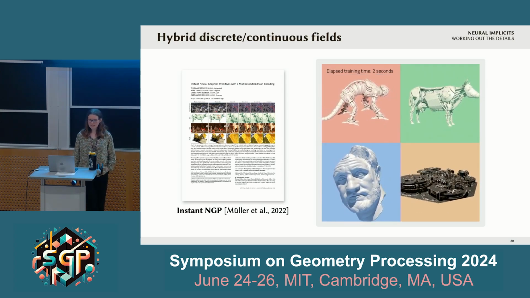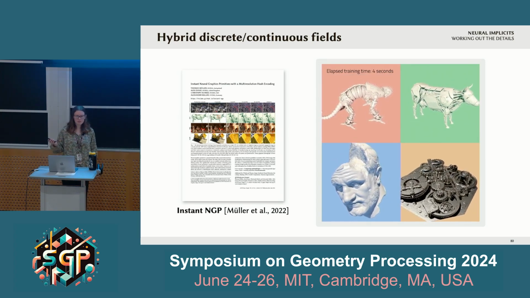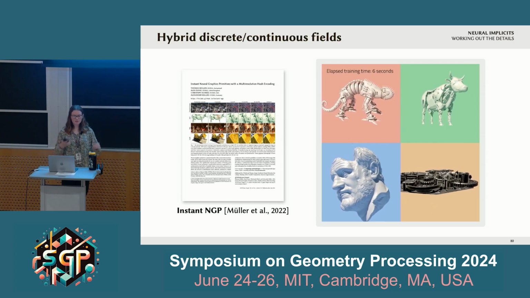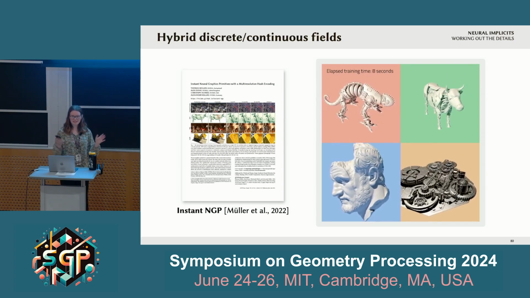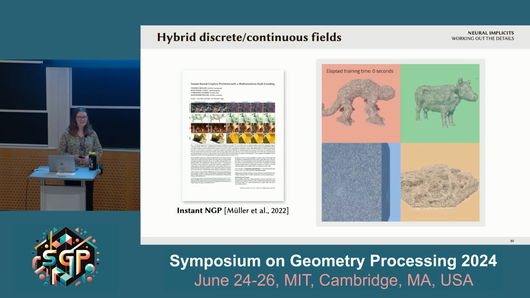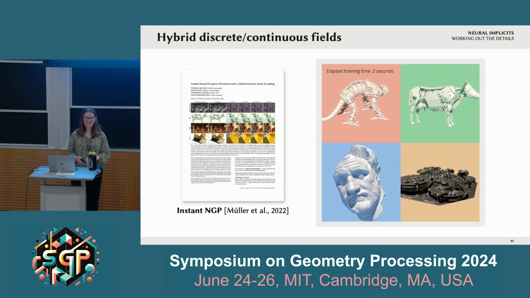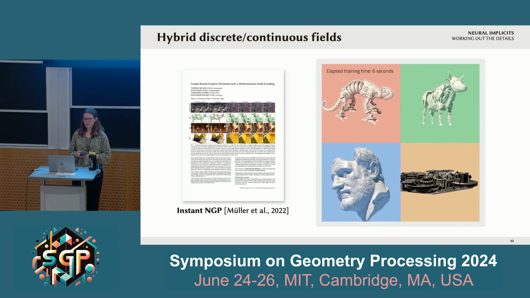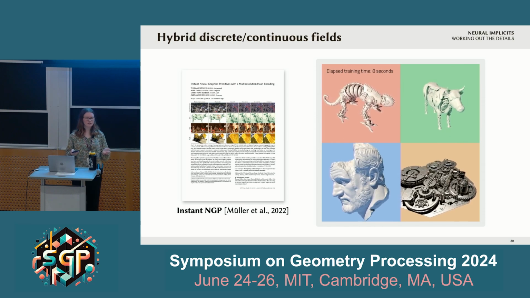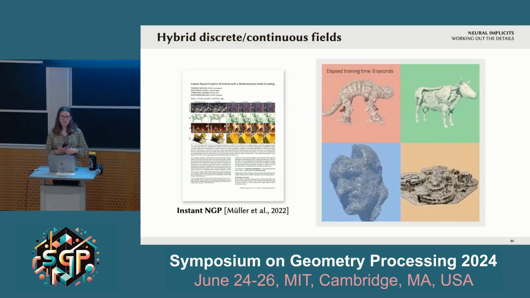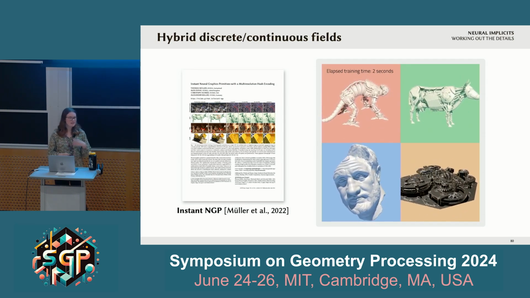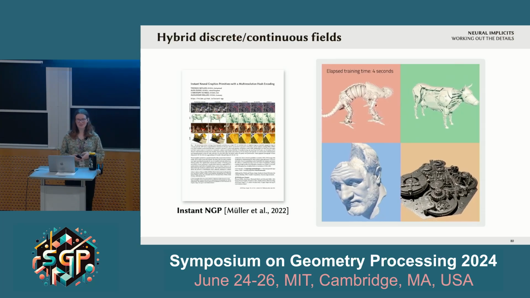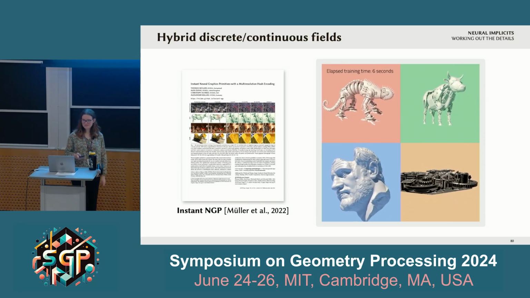This has been used in practice in the Instant NGP paper, which uses the same kind of strategy, but also at multiple resolutions, like traditional octrees. They have lots of performance optimizations, and with these, they're able to achieve effectively instant training of neural fields. So these hybrid discrete continuous fields are really good if you want something that trains faster and also has more small details.